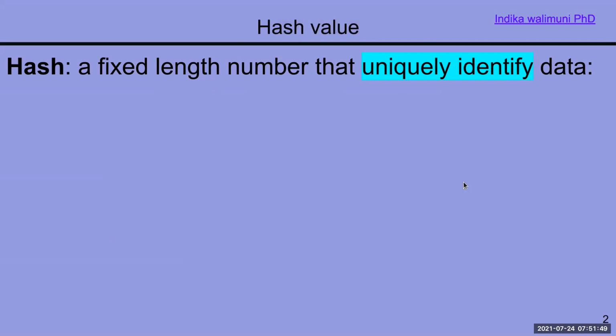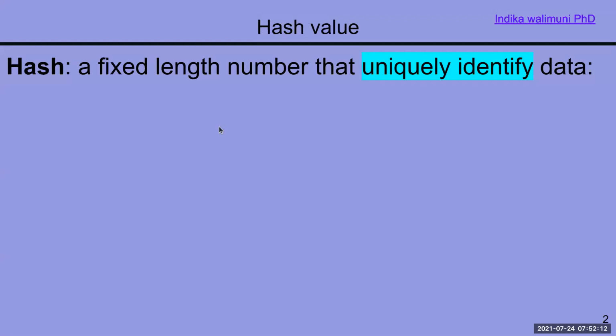All right. So what is hash? What is this thing called hash? Basically, it's a fixed length number that can uniquely identify some data.